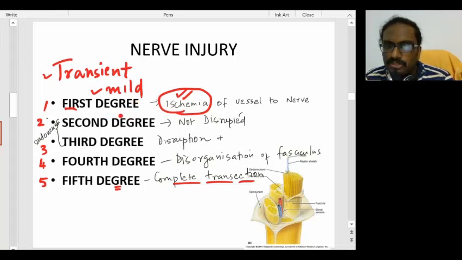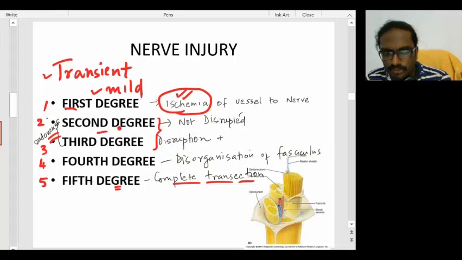A little more severe injury, or a little more severe compression, would lead to a 2nd degree injury, and more severe injury will lead to a 3rd degree injury, and still more severe will lead to a 4th degree injury. It's very easy to remember the 2nd degree and 3rd degree injury. Both are learned with respect to the status of your endoneurium.